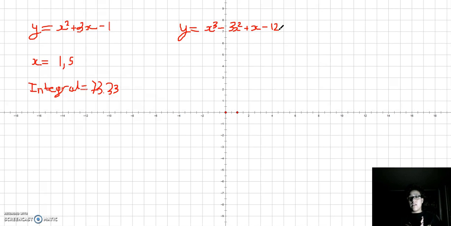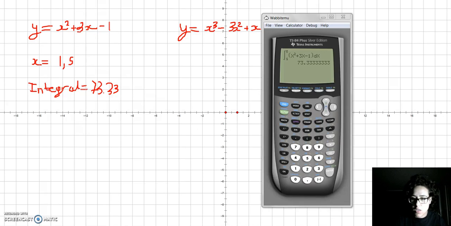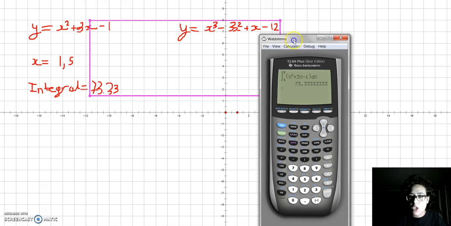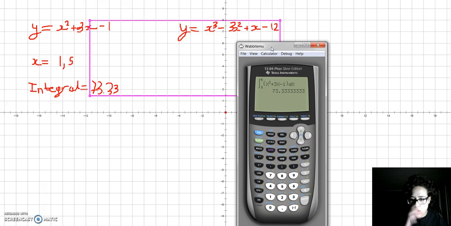And so now we are going to go back to our graphing calculators because this is just the simplest way to find the integral. The other way that we can do this is we can go to alpha over here and go to window.